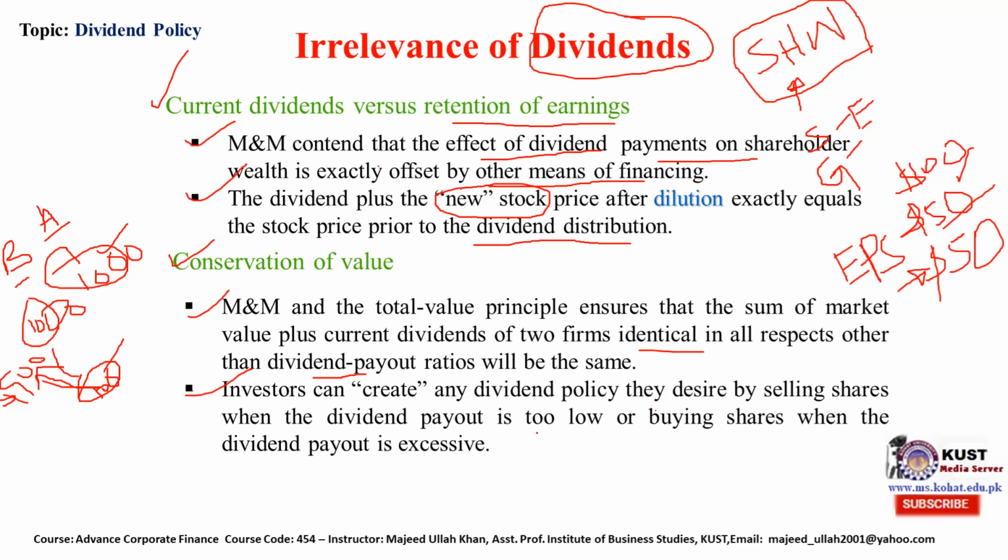Let's suppose there are three companies, A, B, C, and X and Y are two shareholders. They both have shares in company A.